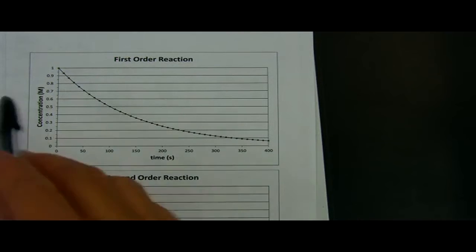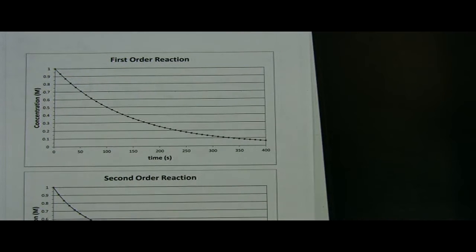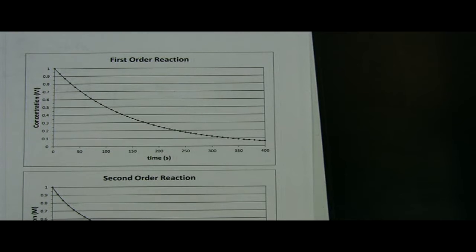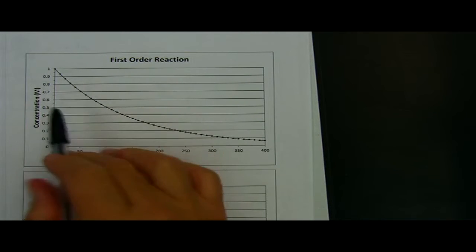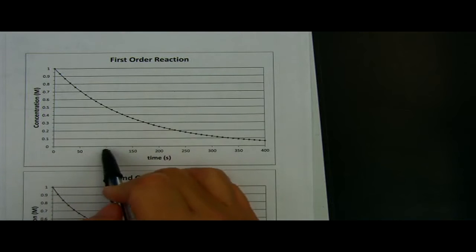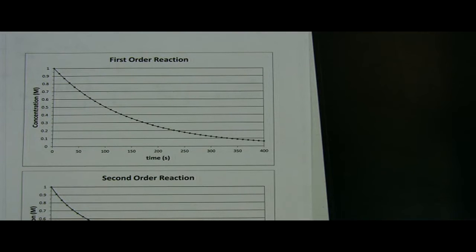Okay, this is a first order reaction, it's plot. What is the half-life for that chemical reaction right there? 100 seconds. Starting at 1, go down to 0.5, 100 seconds. What is the rate constant K for this? 2 over 100. That is correct, or 0.693 divided by 100, so 6.93 times 10 to the minus 3.